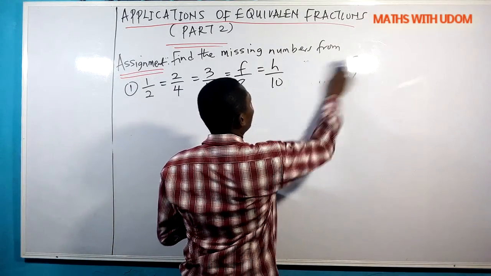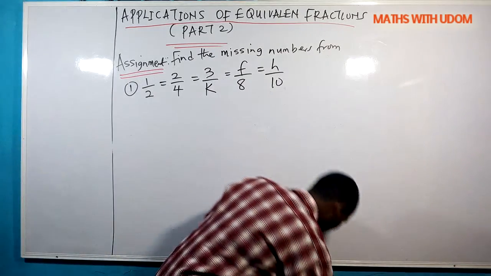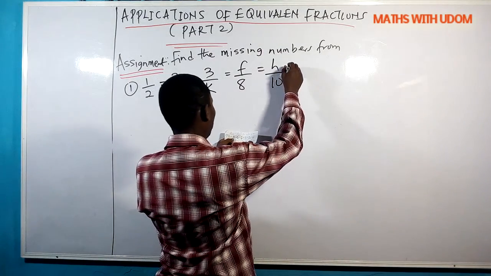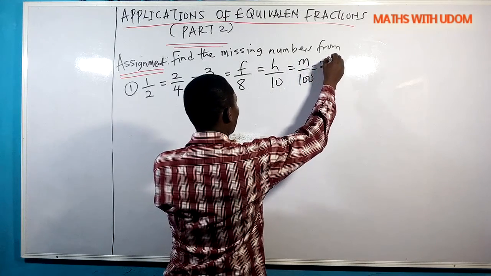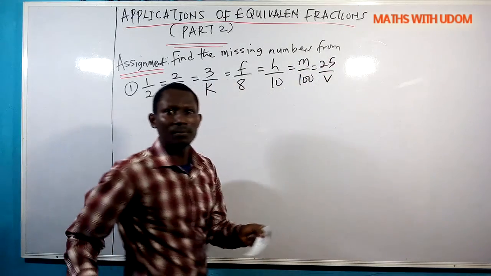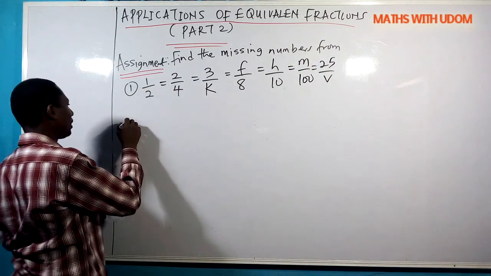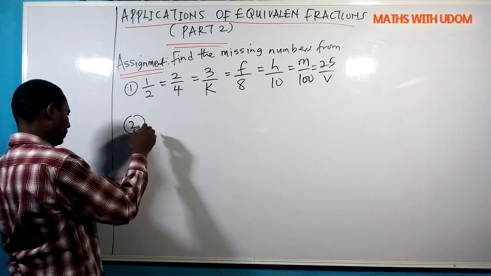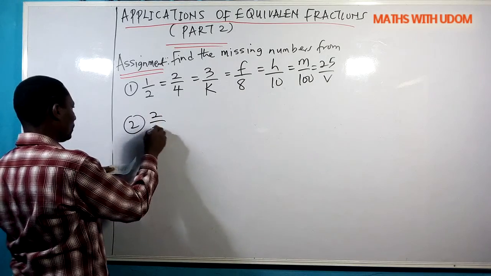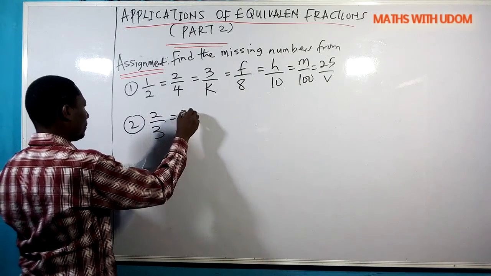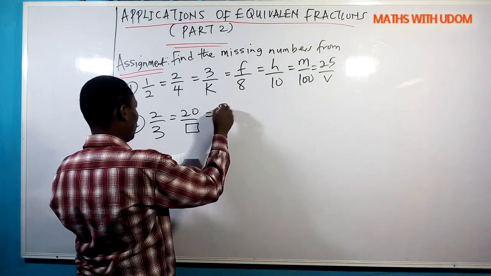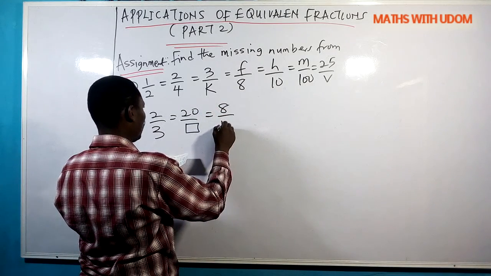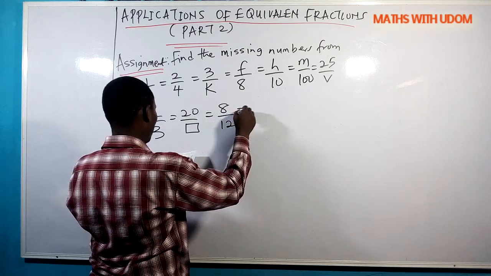Let me write this because of space. Okay, it's better now. The number 2, 2 over 3, 20 over box, 8 over 12.